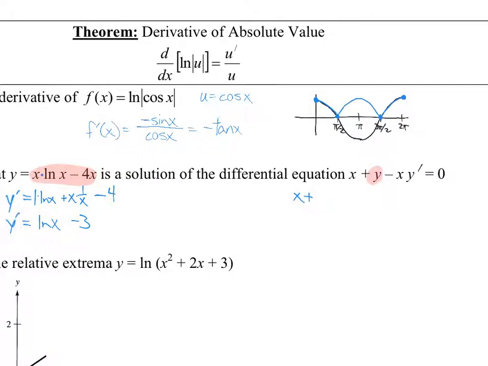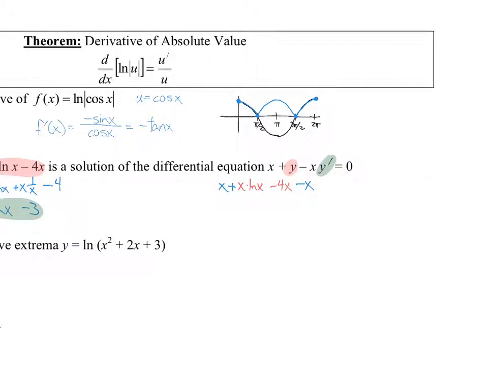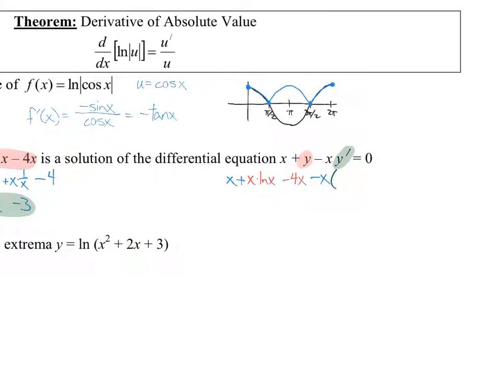So I'm going to put that in. x times ln x minus 4x, there's my y, and then minus x times the y prime, which is this. So let's plug that in. It was ln x minus 3.